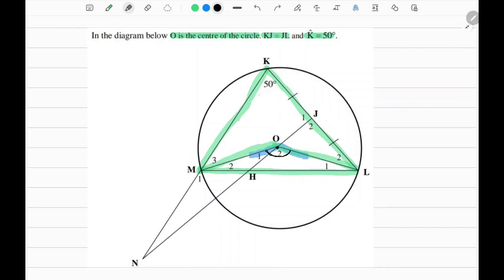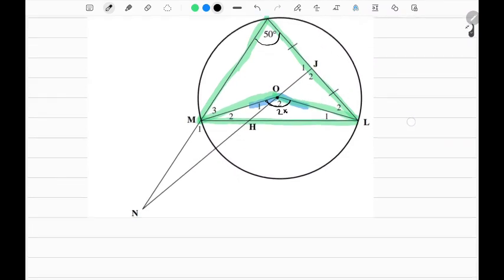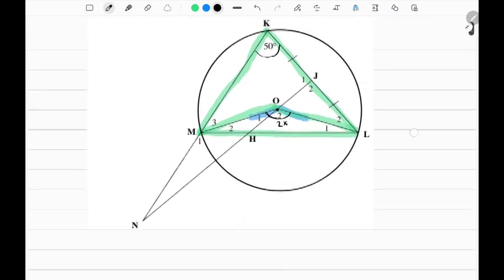So we can relate the angle subtended at a point on the circumference to the angle at the center, subtended by the same chord. The angle at the center should be twice the size of the angle at a point on the circumference if both angles are subtended by the same chord. So let's write this down.